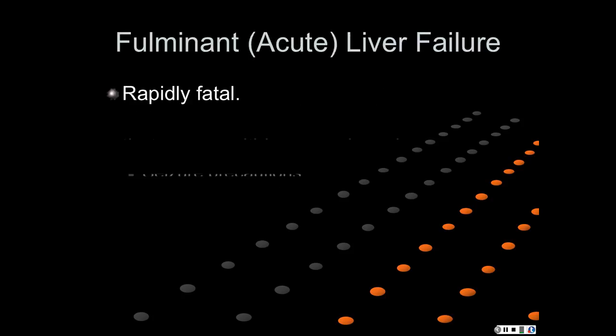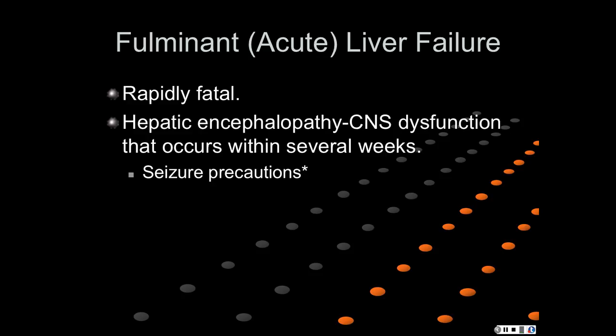Okay. And then the other type of liver failure, acute liver failure, is also referred to as fulminant liver failure. This one occurs very suddenly, rapidly, and it's usually fatal. It causes hepatic encephalopathy. Central nervous system dysfunction occurs in several weeks.